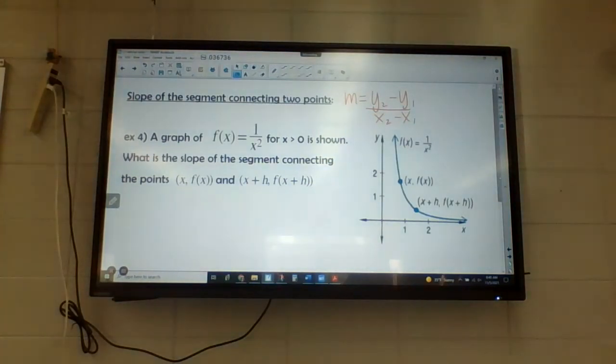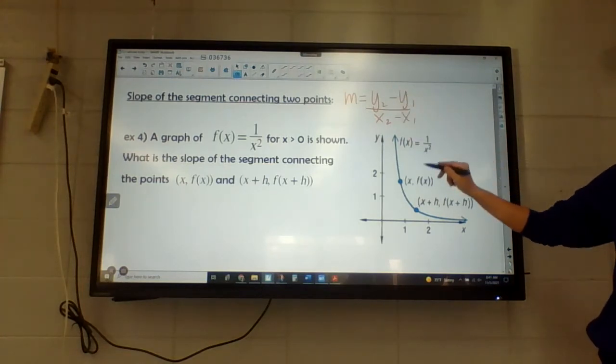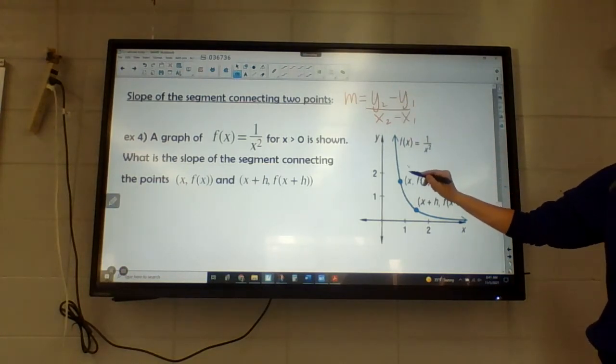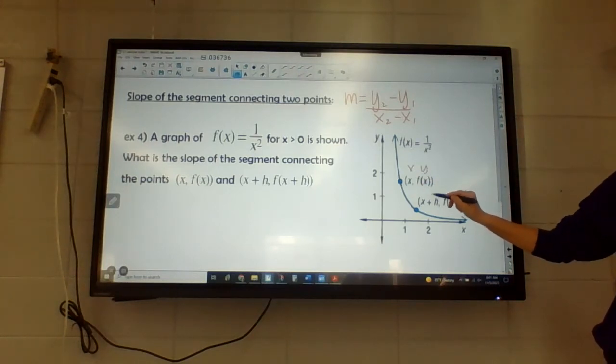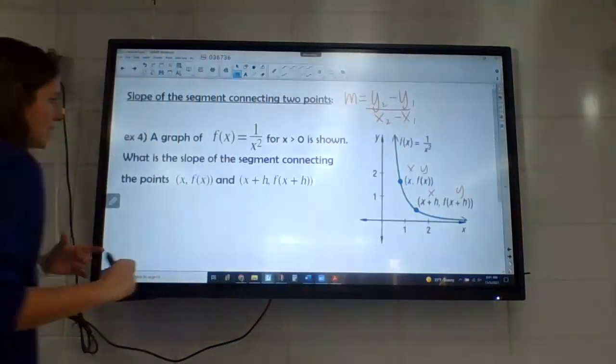And so when you look at this, our normal slope formula is y2 minus y1 over x2 minus x1. So we have our x and y, our x and y. Now rather than just using regular numbers, which is really annoying, I know, they're giving us these weird x and h and f of x and h. They're kind of just being cruel here, and I get that. But I'll show you how this looks. It doesn't look as bad as it seems.